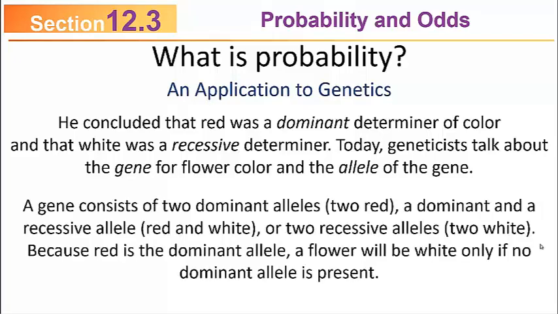In any case, a gene consists of two dominant alleles, which means two reds, a dominant and a recessive allele, a red and a white, or two recessives, which would be two whites. So each gene can be red, or a mixture of one red, one white, or it could be two whites. And because red is dominant, a flower will be white only if you don't get any red allele at all.